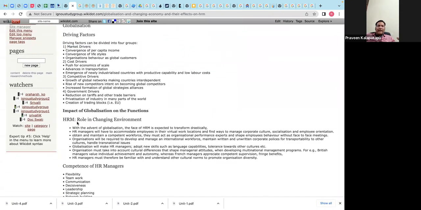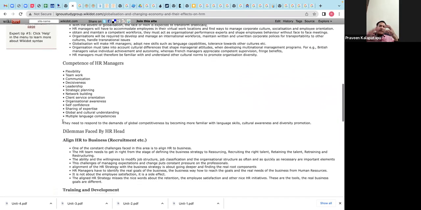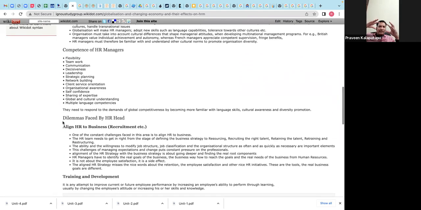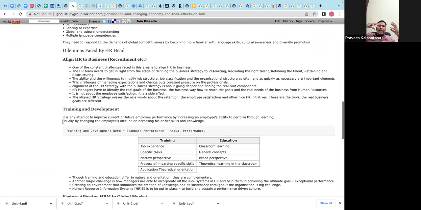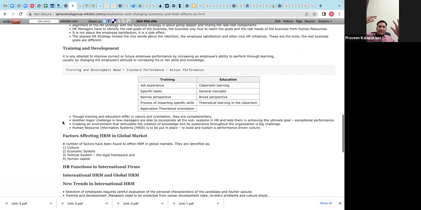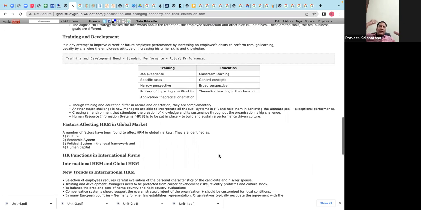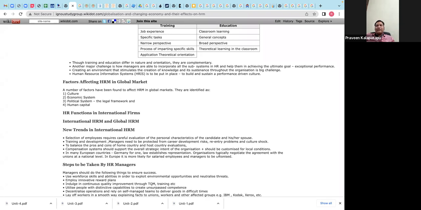Then it goes into competencies of HR managers and the typical dilemmas they face as an HR head, and the future roles and responsibilities of HR professionals. So it starts with globalization, then goes into driving forces for globalization and HR's role as far as these global markets are concerned, and so on. Okay, so let's start.